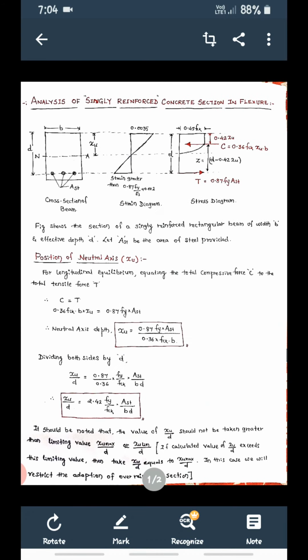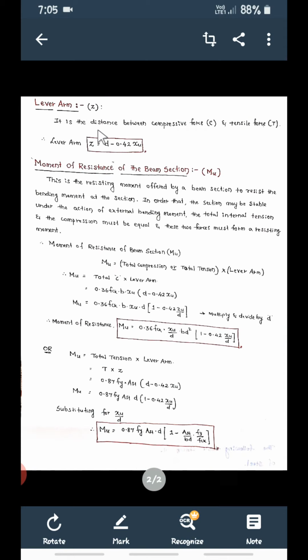In today's session, see, this is a cross section of the beam, strain diagram, stress diagram. Then we calculated xu by d, that is the position of the neutral axis or neutral axis depth. Then lever arm, the perpendicular distance between total C and total T. Then moment of resistance, that is the resistance given by the beam section against the external bending moment.